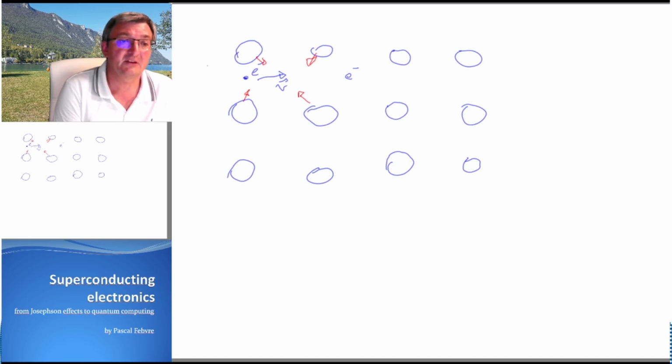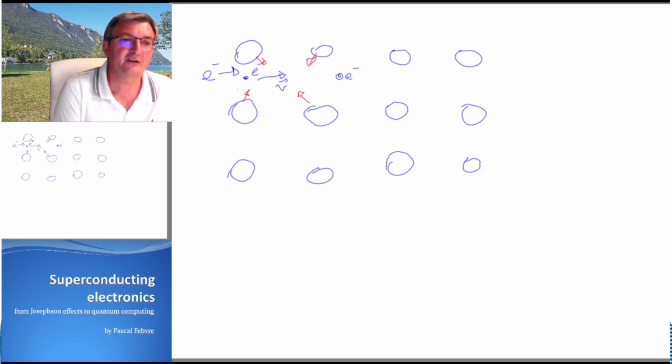And very naturally, it will lead to another electron coming here, which is attracted by this positive charge. So finally, you can understand that this electron and this one here are correlated in some way through the lattice, basically. This is the electron-phonon interaction.